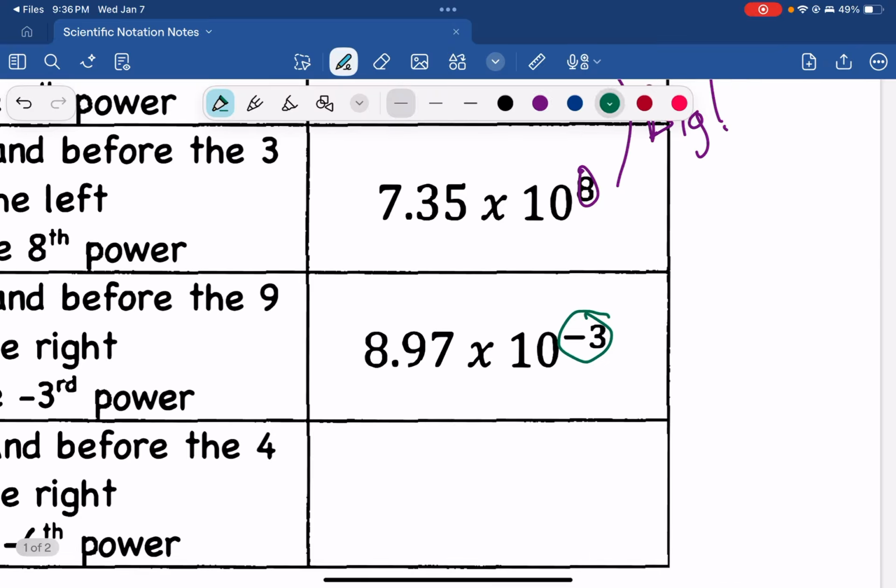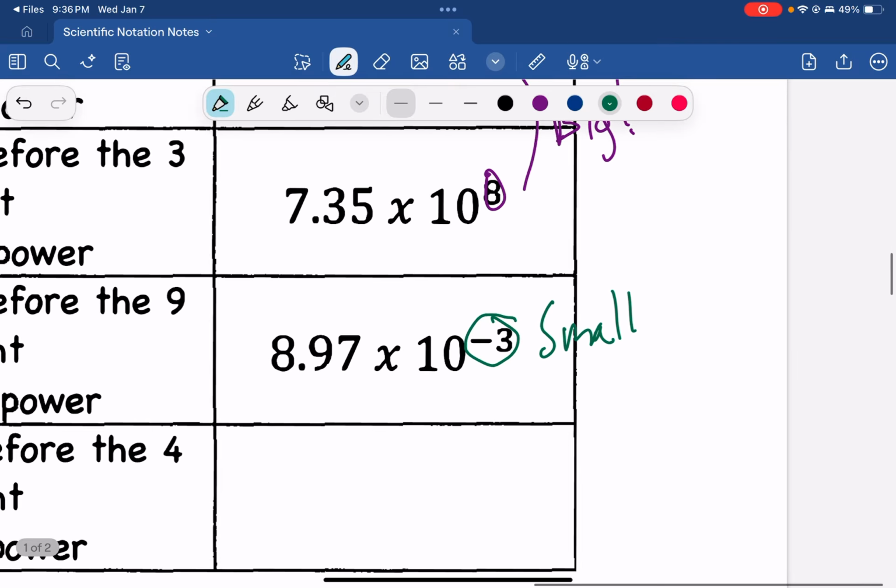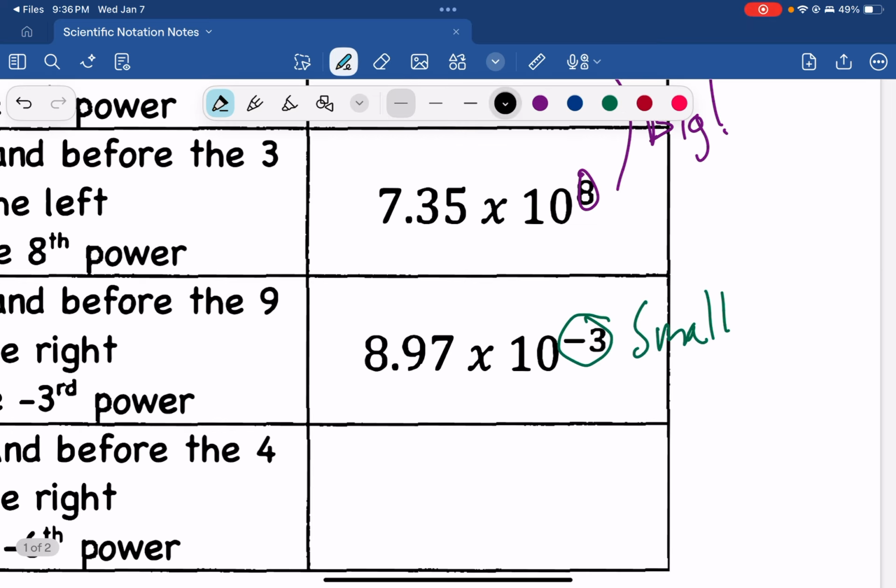But meanwhile, this one here, which was negative, means that the number is going to be small. And for those of you who like a little bit more info, if it's going to be a positive exponent, then the original number is going to be bigger than 1. And if it's negative, it's going to be less than 1.